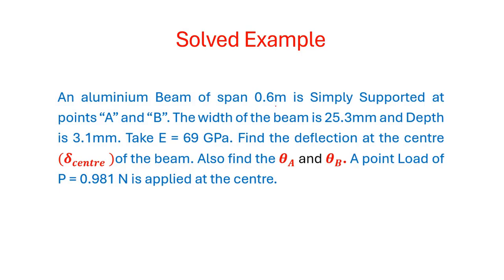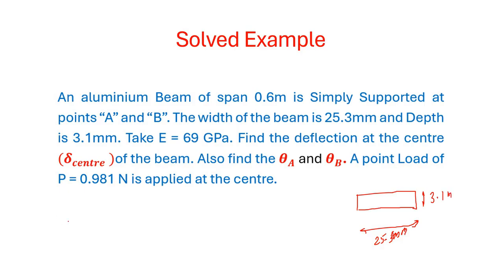An aluminium beam is taken. The span is 0.6 meter. It is simply supported at the points A and B. The width of the beam is 25.3 millimeters and the depth of the beam is 3.1 millimeters.